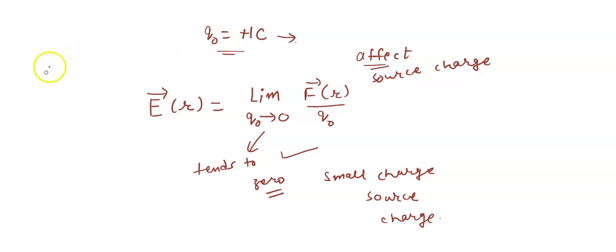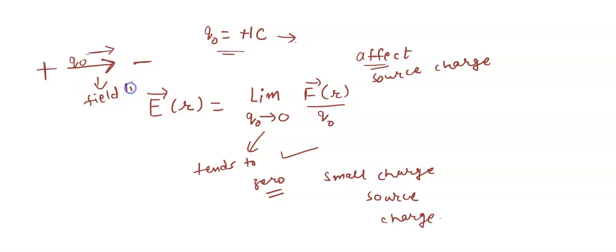Do remember that the direction of electric field is always from positive to negative charge. If we draw an electric field and keep a charge Q naught here, it will always move in the direction of the field. This is called a field line.